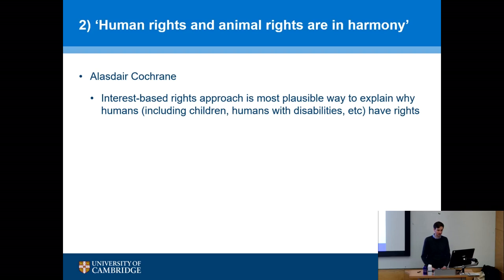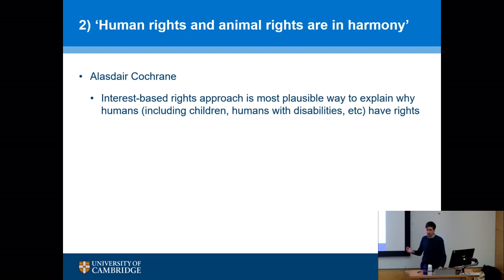And you also have to have an inherent value. Cochrane thinks that that's the best rights approach, as indeed many animal rights folks think. And he says it's the best approach, not just to animals, but also to explain why humans have rights.